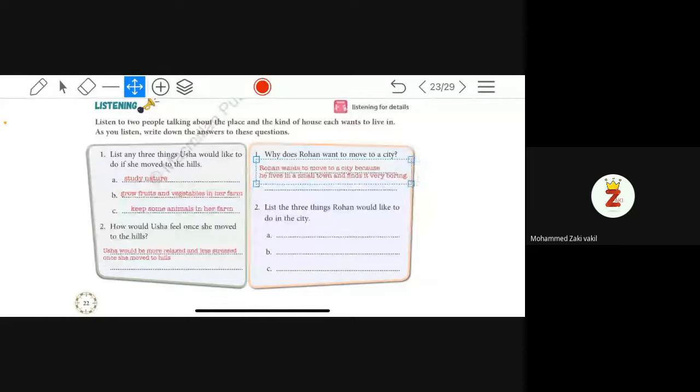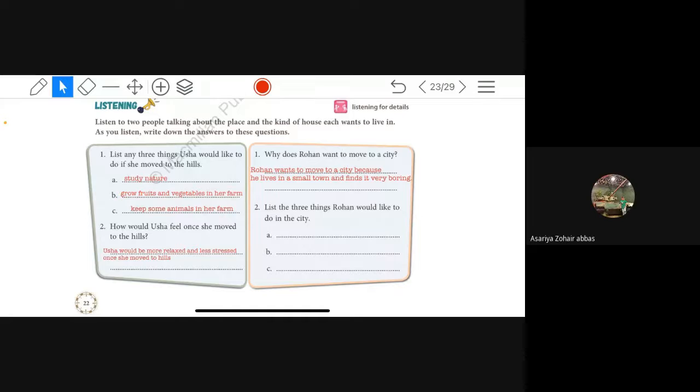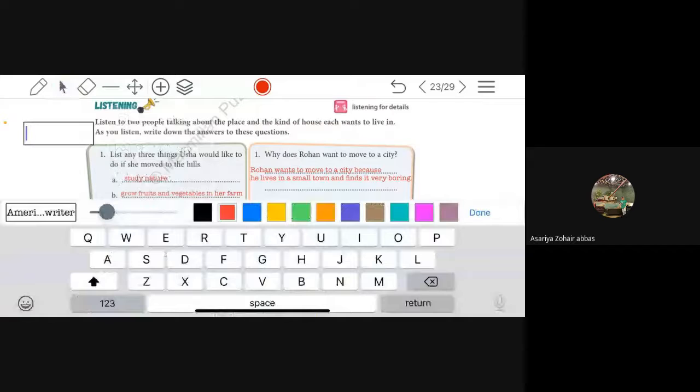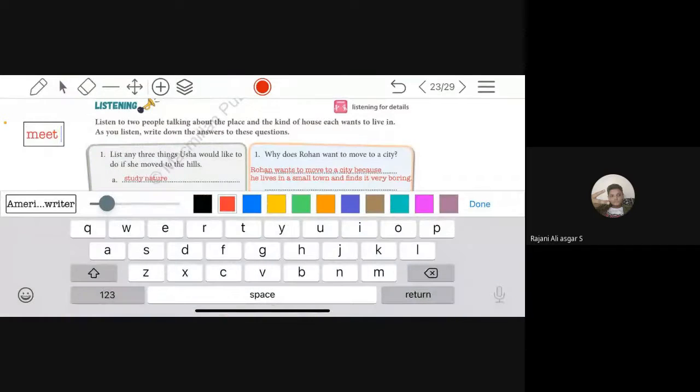Sir, go to concerts, be a part of street theater. Sir, what is the meaning of concert? Concerts are the kind of functions where singing and music are played. Yes, there is also a type of competition. He wants to go to concerts and meet different people.